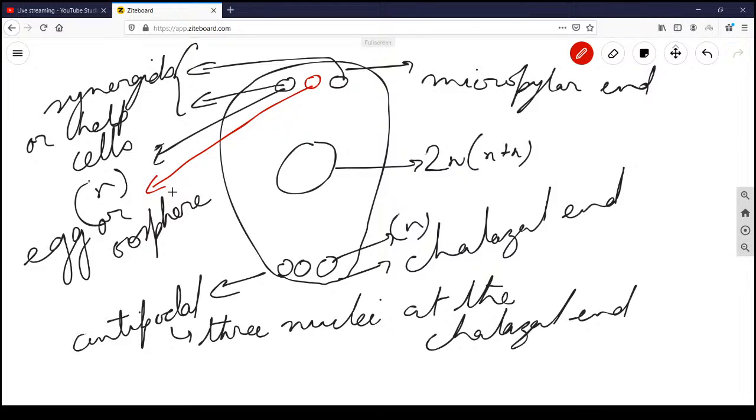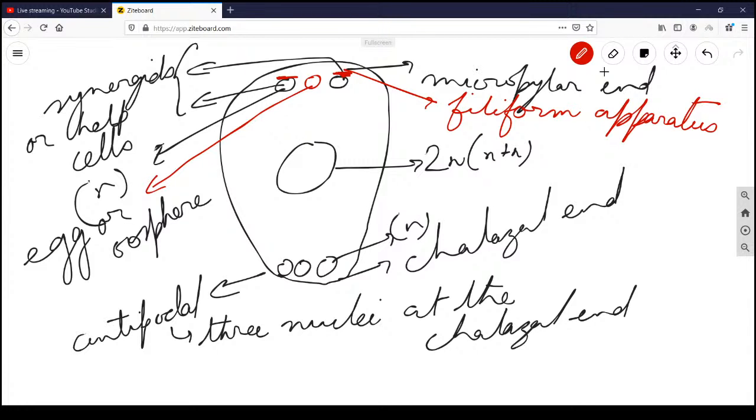Now the synergids bear special cellular thickenings at the micropylar tip. They are known as the filiform apparatus. Very important, neat question. They play a very significant, pivotal role in guiding the pollen tube into the synergids.